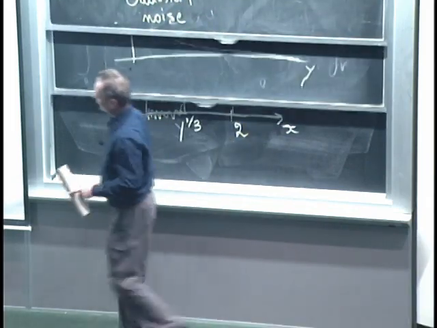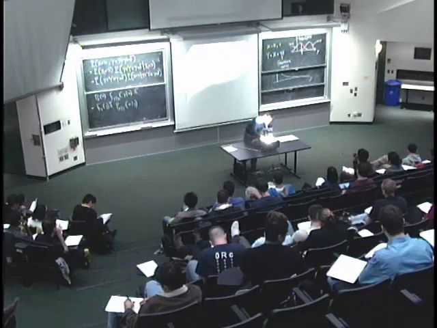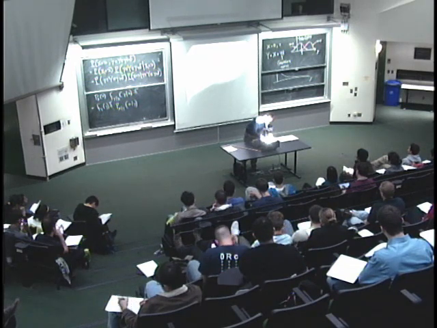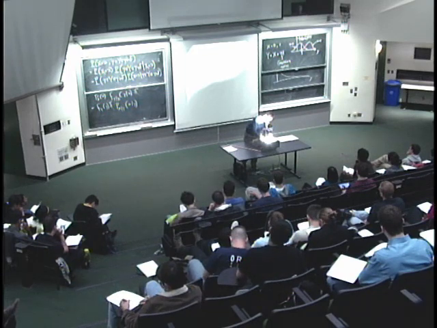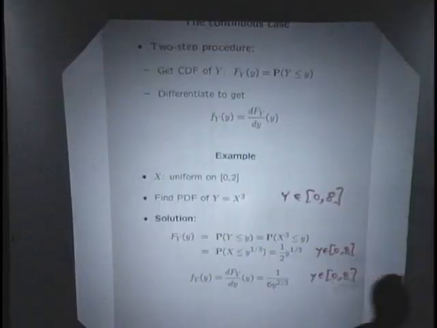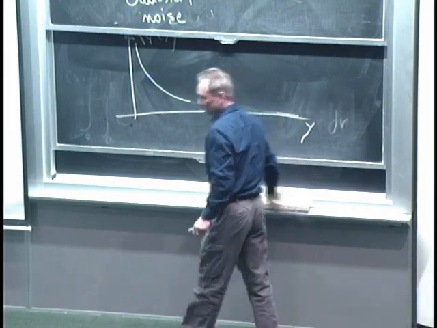So this formula here is only correct for y between 0 and 2, for y between 0 and 8. And for that reason, the formula for the derivative is also true only for y between 0 and 8. And any other values of y are impossible, so they get 0 density.